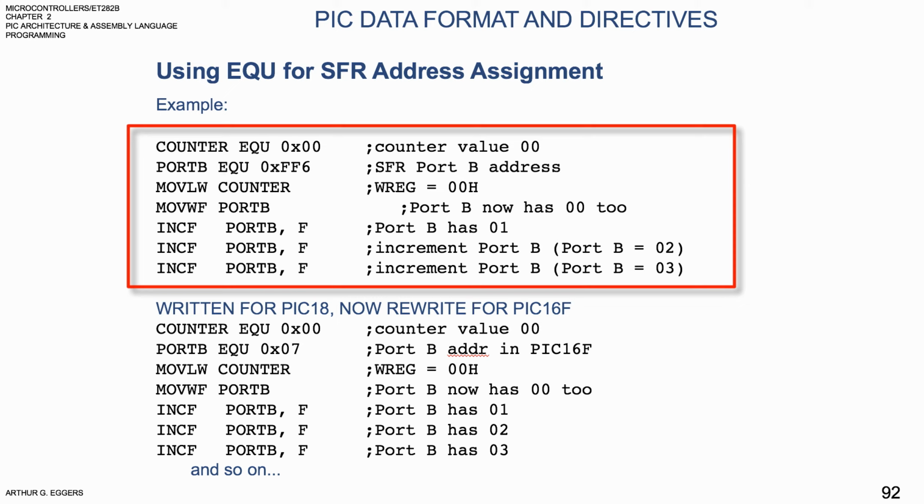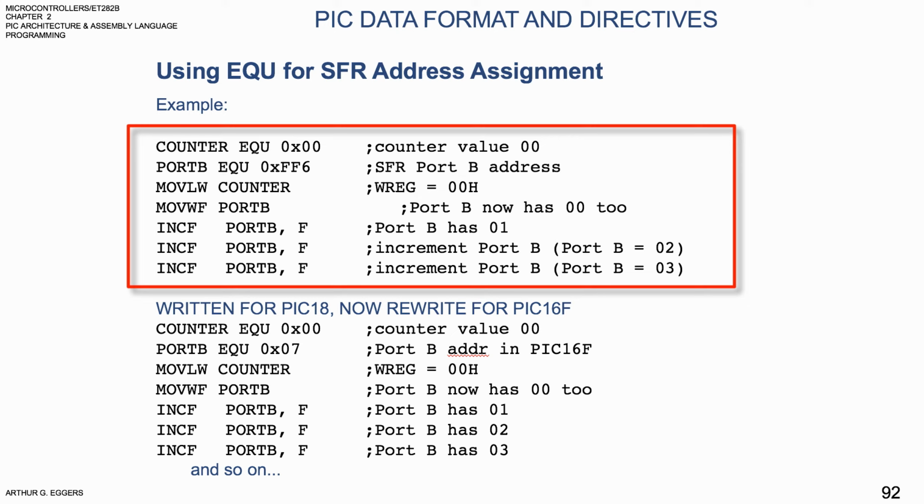The MOVLW counter value then, looking back at that first line, is setting the working register to 0. MOVWF PORTB then moves the value to PORTB, which has been set at 0 as well. INCF PORTB,F, we're saying that the PORTB value has now been incremented by 1.